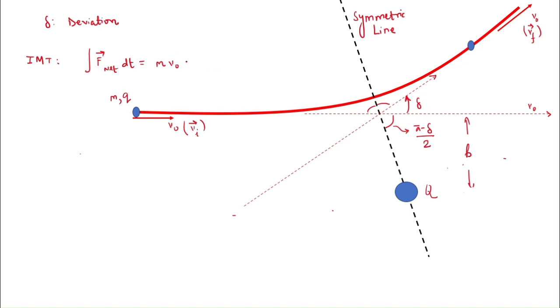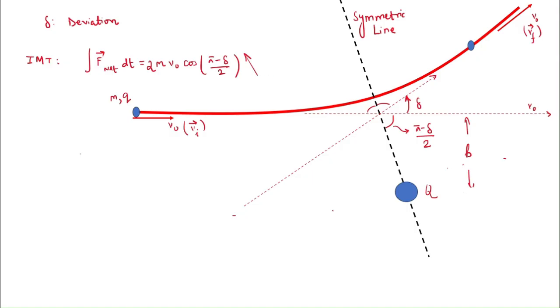So that will be v0 cosine (pi minus delta) by 2. Now since we are taking the change, we have to include 2 also, because the direction reverses and the magnitude still remains the same. And the direction for this impulse is along the symmetric line, so like this. So this becomes our equation number 1.